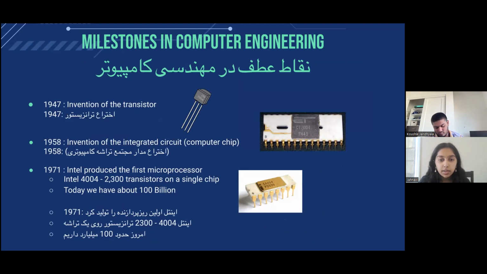In 1971, Intel produced the first microprocessor. A microprocessor is a very small computer. It had about 2,300 transistors on a single chip. Today, however, we have about 100 billion.